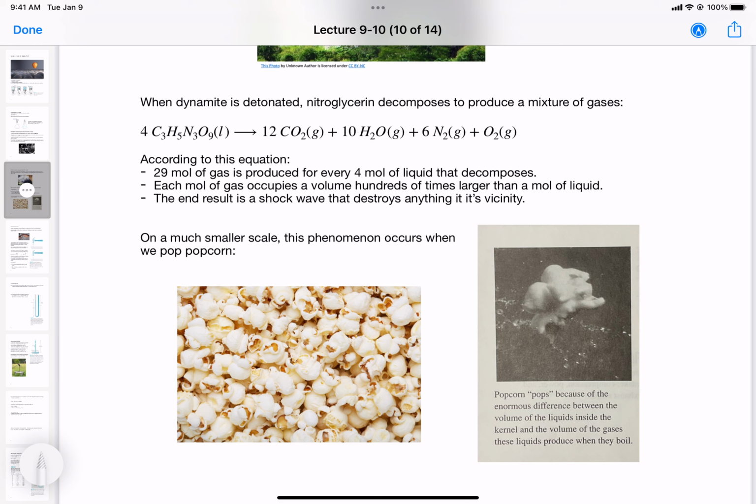And they probably just change shape because of most of what's inside the kernel. It takes the form of this softer physical form of the popcorn, which when you started with, was just a bunch of kernels wrapped in probably butter. Okay. All right. So that's an example of how gases take much more volume than their liquid and solid counterparts.